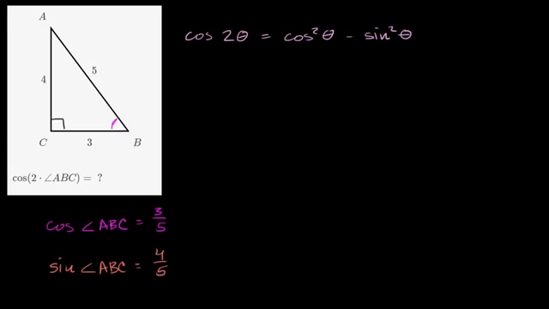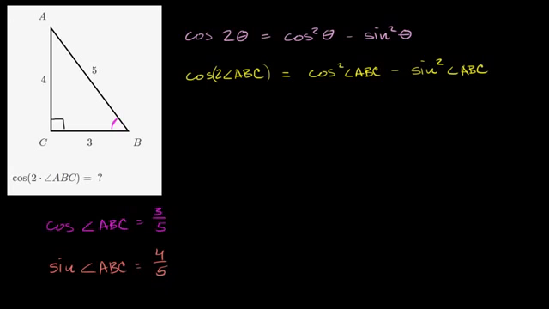Now we know that the cosine of 2 times the angle ABC, that's what we care about, is going to be equal to the cosine of angle ABC squared minus sine of the angle ABC squared. And we know what these things are.